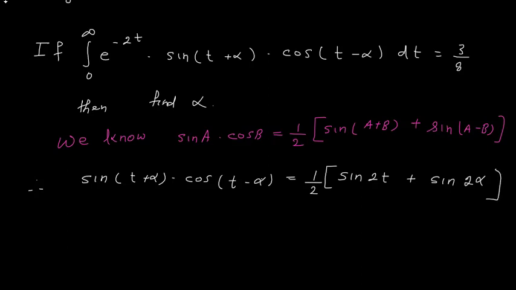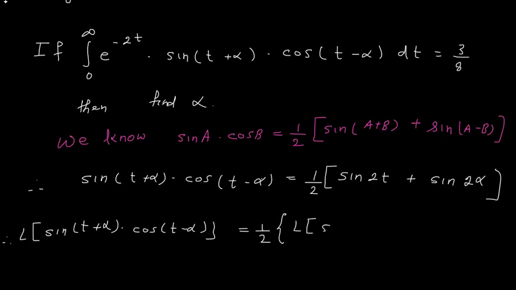So therefore, if I take the Laplace of sin(t plus alpha) into cos(t minus alpha), what I get is 1 upon 2, in a big bracket, Laplace of sin 2t plus Laplace of sin 2 alpha. Now sin 2 alpha is constant, so we can take it out, and what is remaining is 1.